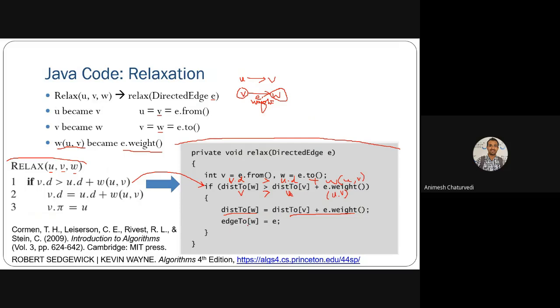The parent will also be updated: v will become the parent of w. That is how it will be done. V will become the parent of w, and there is some source s, and some random path like this to reach v.